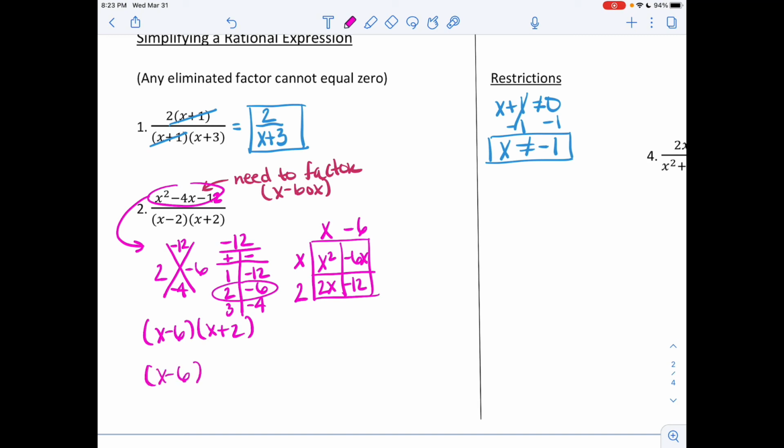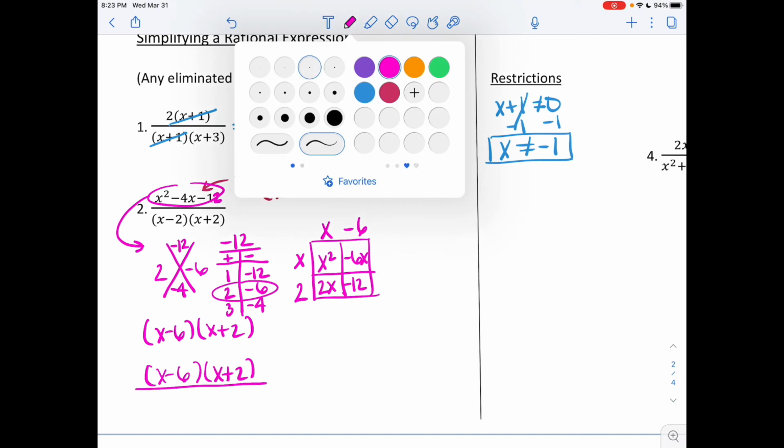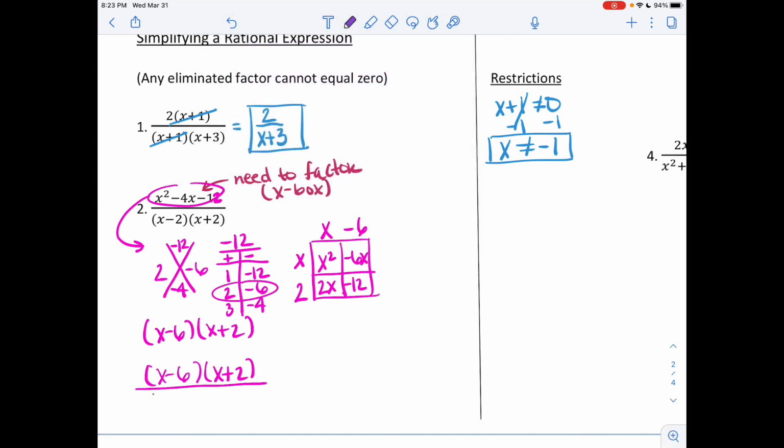So x minus 6 times x plus 2. The pink is the top that I just worked on. And then I didn't have to do anything to the bottom. It was already factored for me for this one. So let's go ahead and see what we can cross out. I see an x plus 2 in the top and bottom. Remember, anything divided by itself is 1, so we can cancel those out and say that it's equal to a 1.